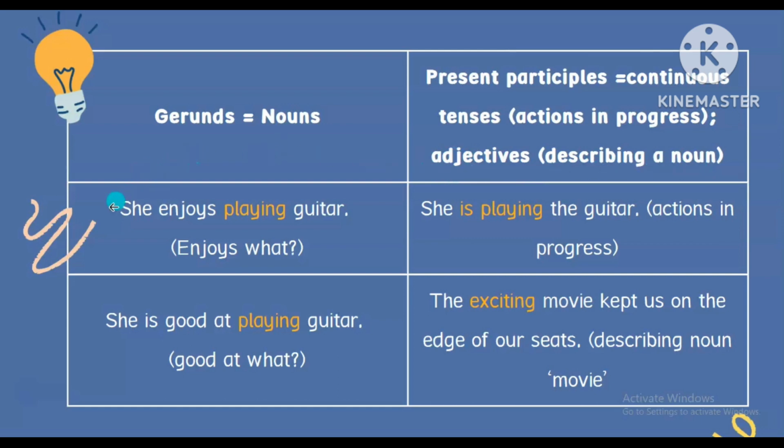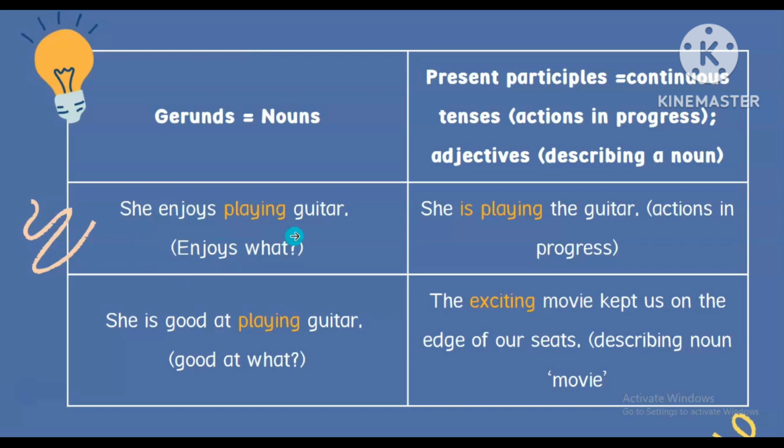Now let's understand this through examples. She enjoys playing guitar. Is this word playing denoting any continuous tenses? No. Is it describing any noun? Not at all. So, it is just answering the question, she enjoys what?